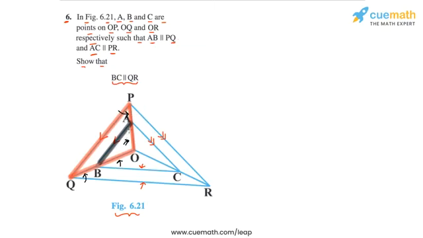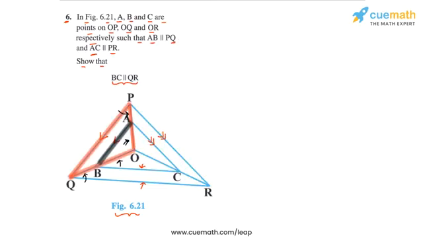Then we will apply the BPT to triangle OPR, because in this triangle we have AC given as parallel to PR. So applying the BPT to this triangle will give us OC by CR equal to OA by AP.